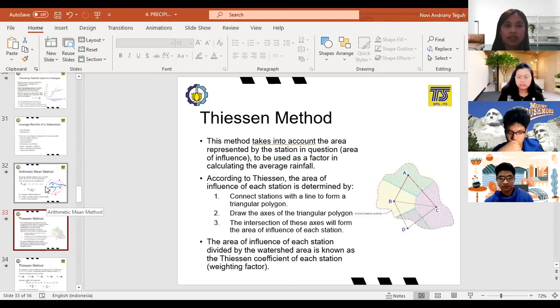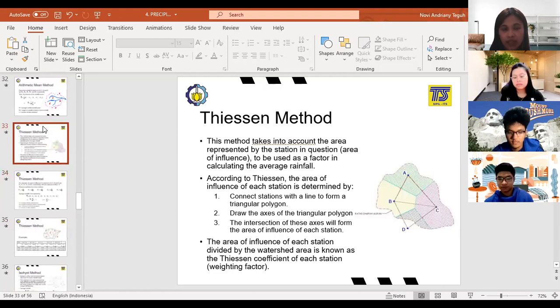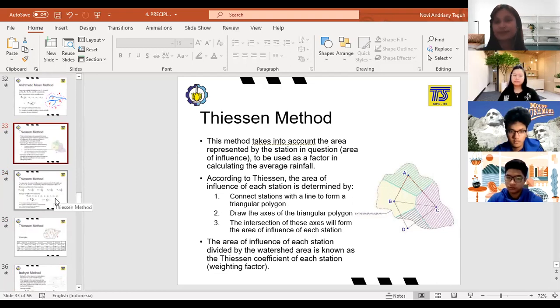For this precipitation module, it is the Thyssen method. Yes. Yeah, I hope you can understand it easily. If you have any question, you can also ask on the next meeting regarding this method or other topics. Okay, if there are no more questions, I think I can end today's meeting now.